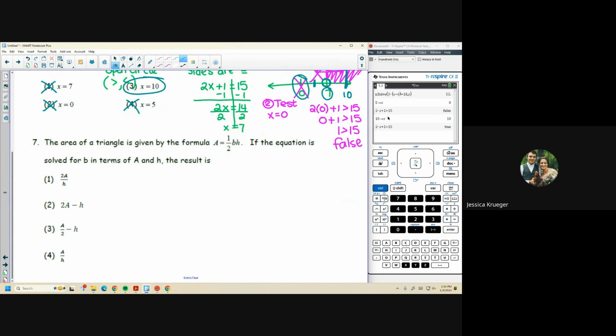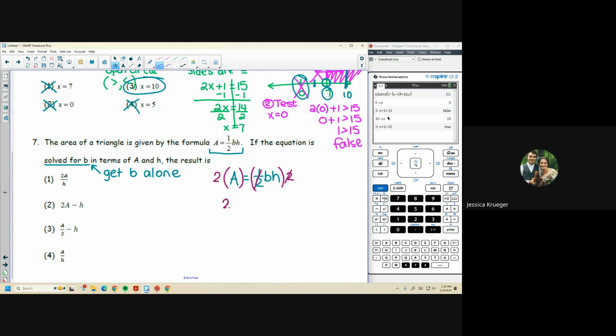Okay, number 7, the area of a triangle is given by this formula. If the equation is solved for B in terms of A and H, that means I want to get B alone. Then what will the result be? So I have A equals 1/2 BH. First thing I want to do is get rid of the 1/2. If you multiply both sides by 2, the 1/2 and the 2 cancel out.